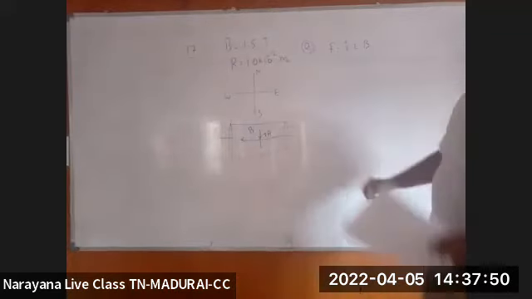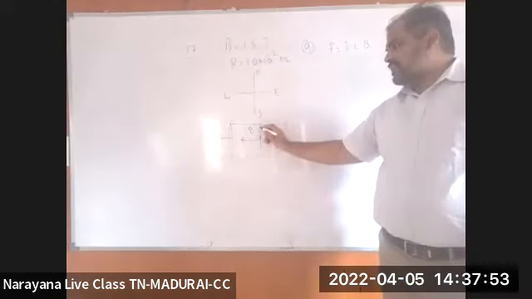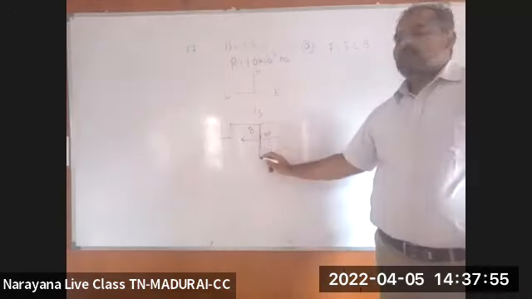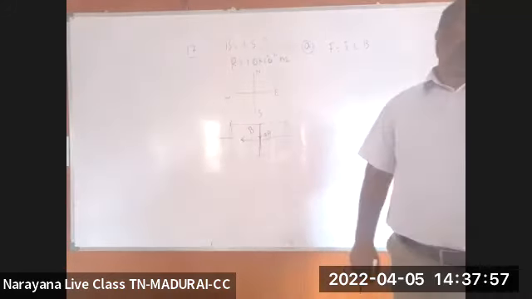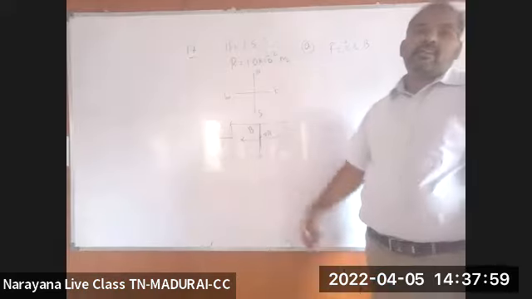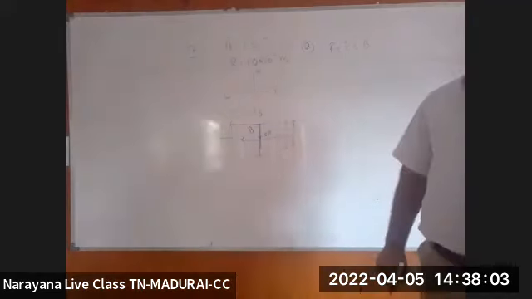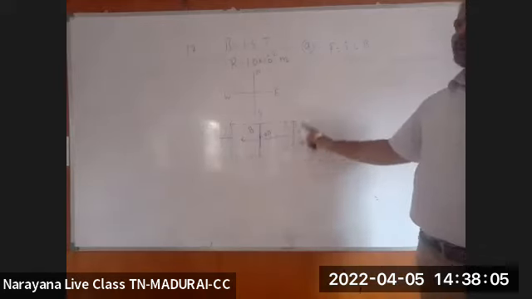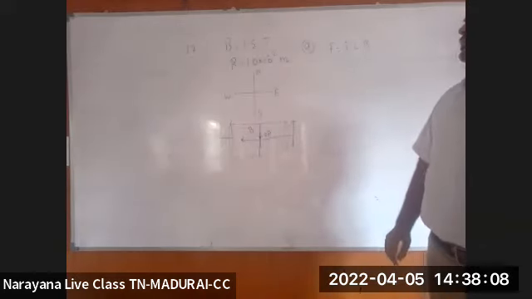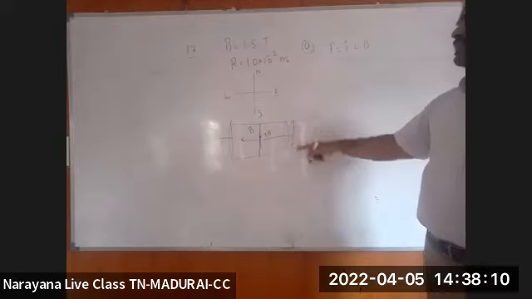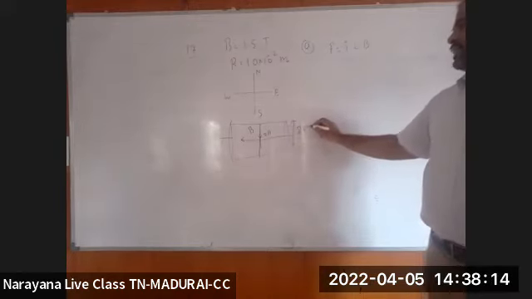Okay, so here, the length of the wire, you have to understand, is the part inside the cylindrical region. So indirectly he has given the length equal to the diameter of the cylinder. The diameter of the cylinder, equal to the length, means 20 into 10 raised to minus 2.